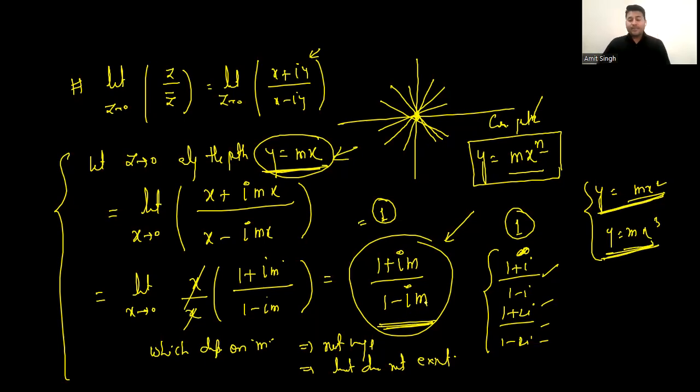Taking one more example. Suppose this time we have a function: find the limit as z tends to 0 of z minus 1 over z plus 1. Either you can approach it firstly along the real axis, imaginary axis, y equal to x, y equal to minus x, y equal to 2x, y equal to minus 2x, one by one, and see it.